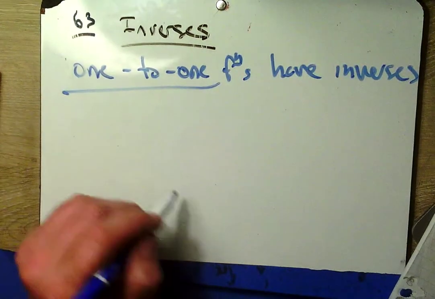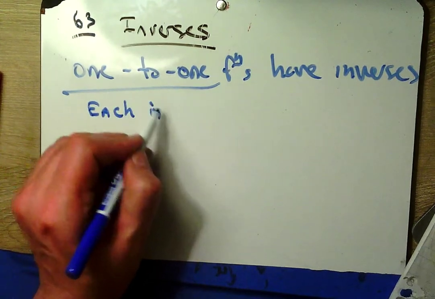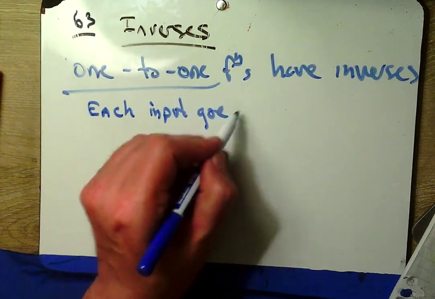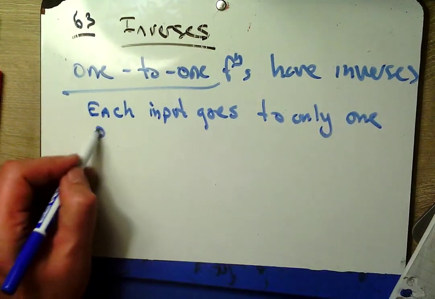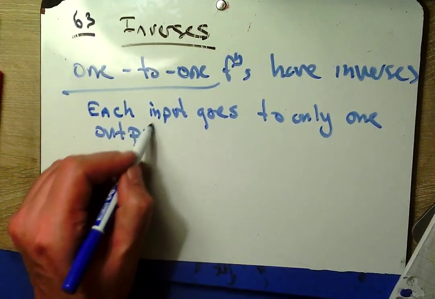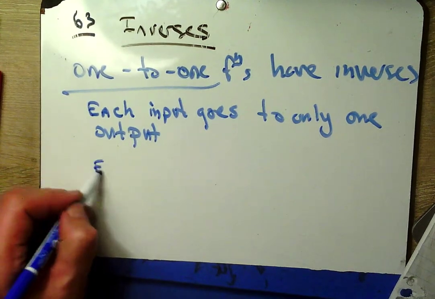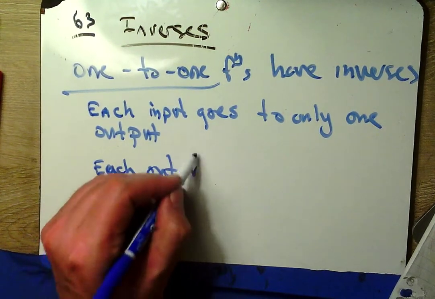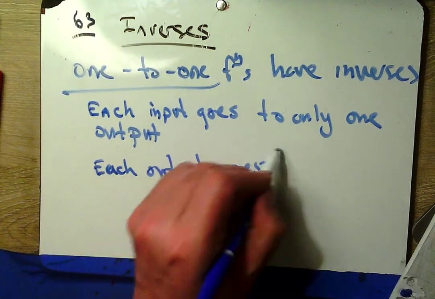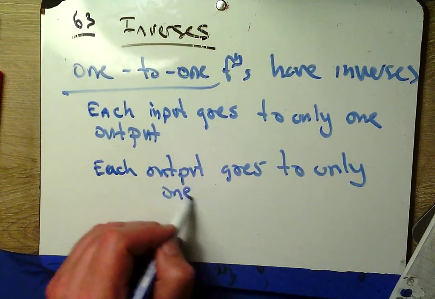A one-to-one function is not only each input goes to only one output, right? That's the definition of functionness. But also, each output goes to only one input.